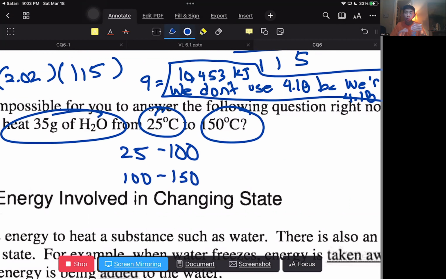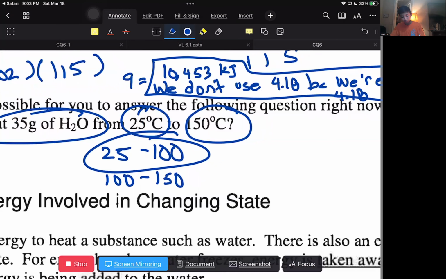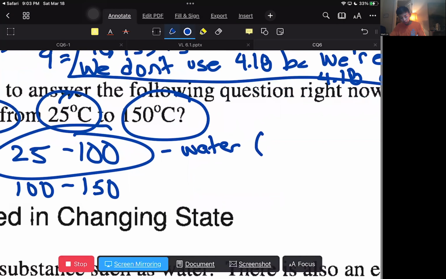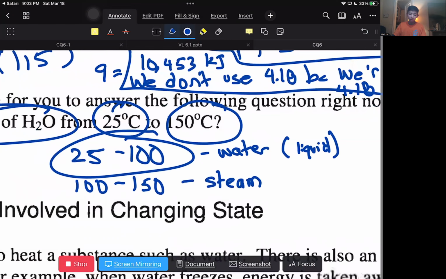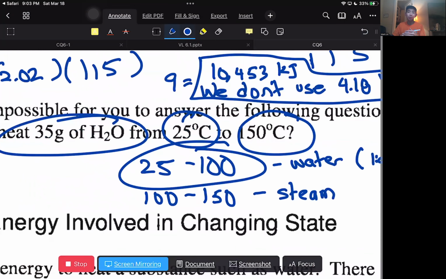From 0 degrees to 100 degrees it's just liquid water, and anything from 100 degrees to 150 degrees is steam, which is a gas. So we can't just use 150 minus 25, because that encompasses a phase change.